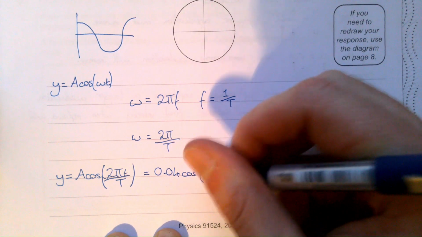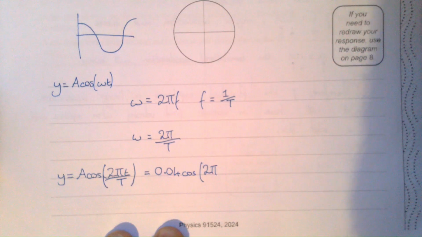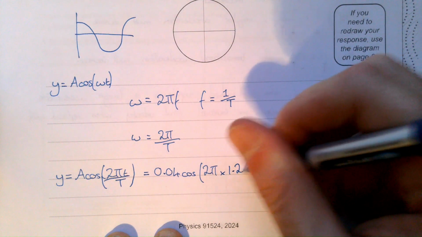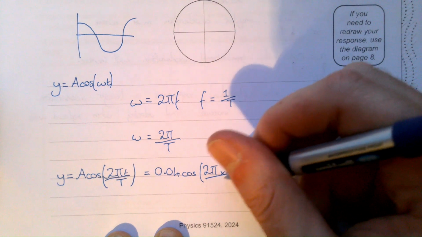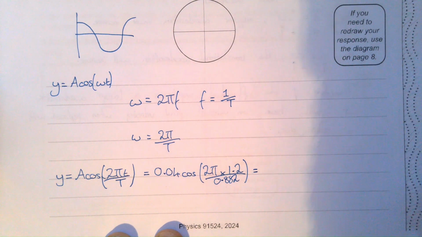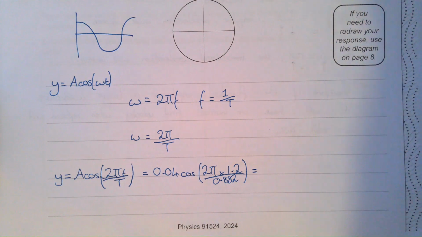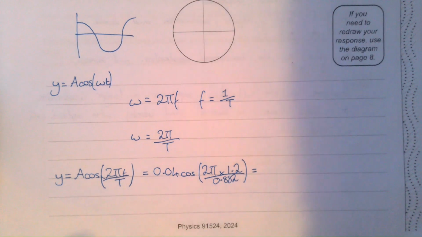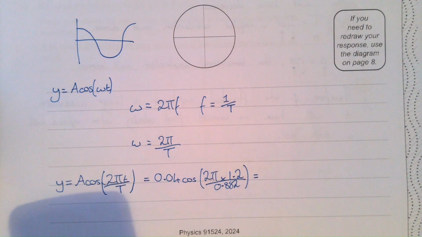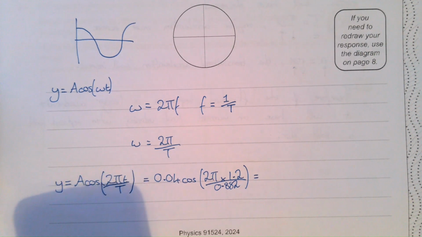Our amplitude from the question was 0.04. Cosine of 2 pi, the time that has elapsed was 1.2 seconds, and our time period was 0.882. Making sure our calculator is in radians, because we're talking about angular velocity, and 2 pi is the radian measurement for a circle.